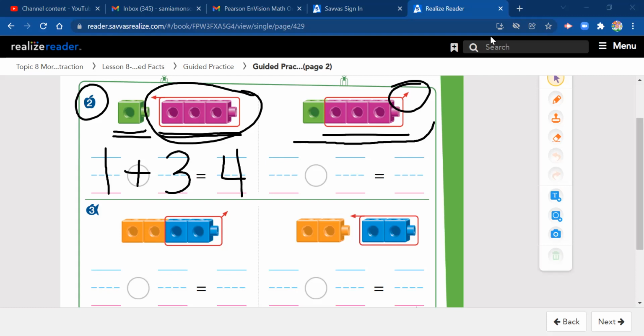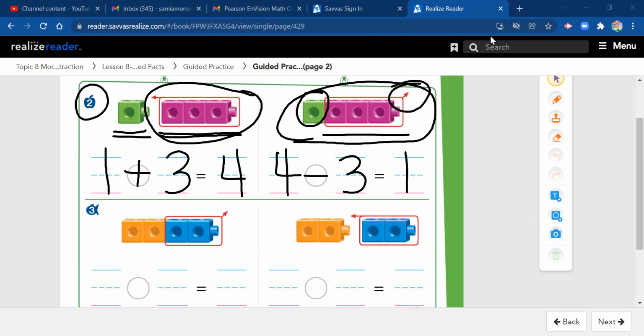We have in all 4. See how they're joined? We have 4 cubes in all. We are taking away 3. When we take away, we use the minus symbol. 4 minus 3 equals how many? 1, because there is one green cube left.